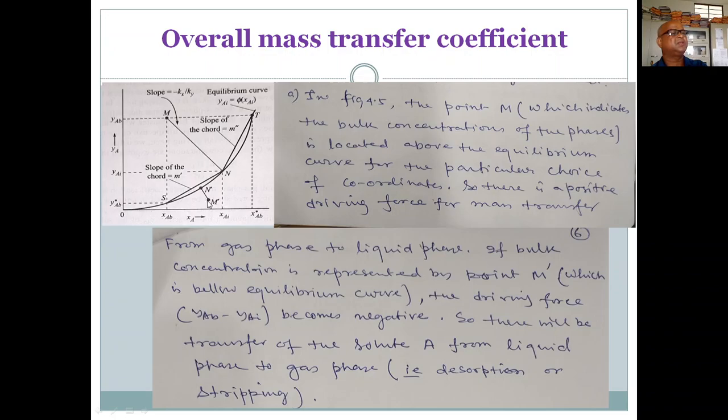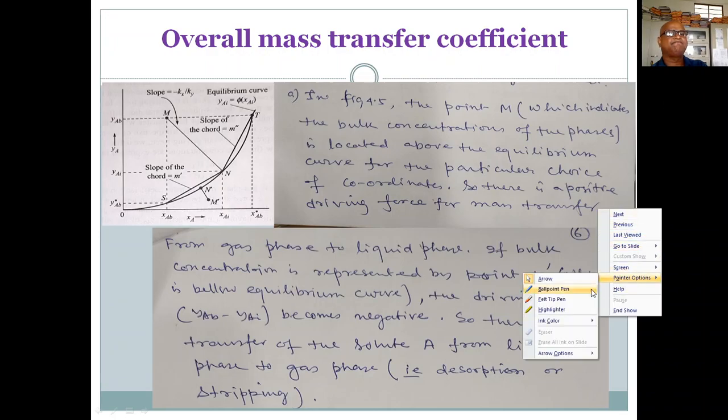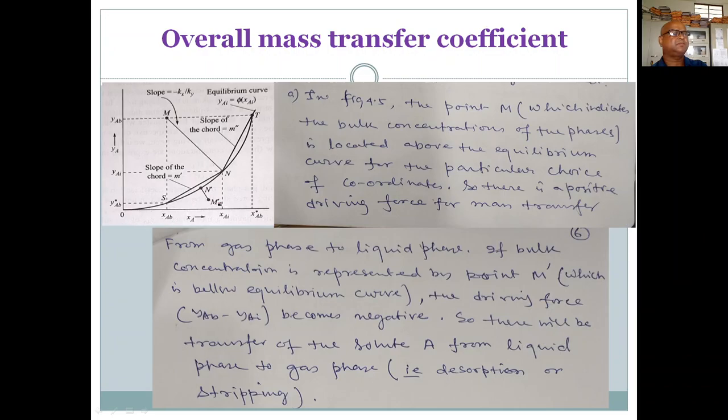Now we will take the same slope, minus kxy, and in this case, this is your XAB and corresponding, this will be your YAB.